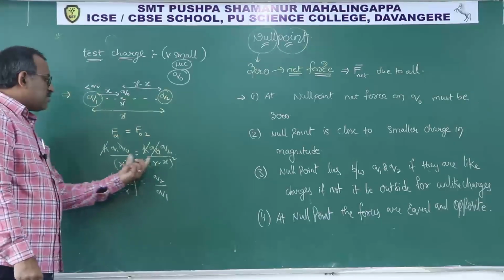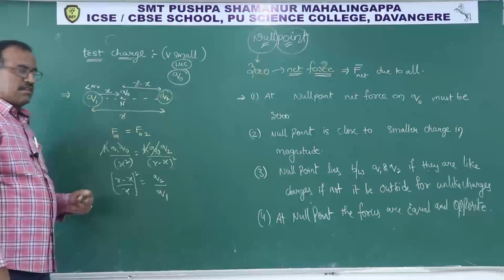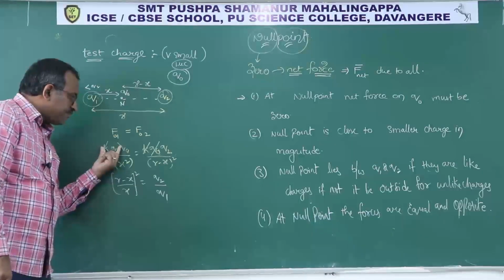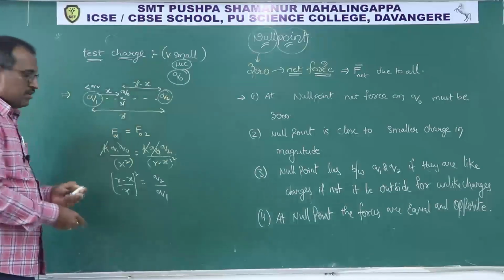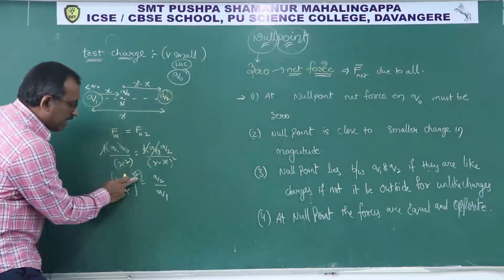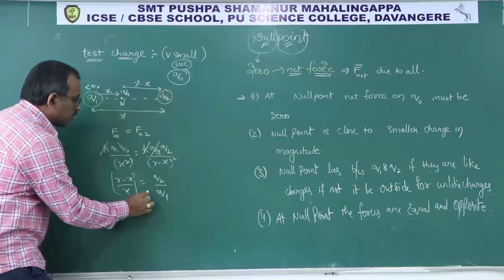I wrote Coulomb's law on either side, and K Q naught get cancelled, and I brought this R minus X whole square to this side, Q1 to that side, then Q2 by Q1. And now here this square comes this side, then it will become under root.